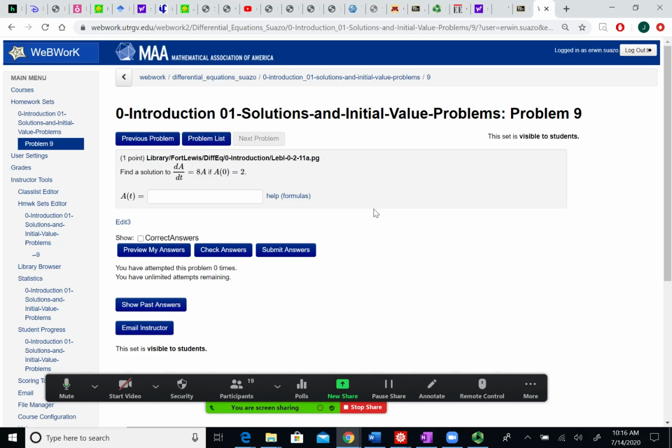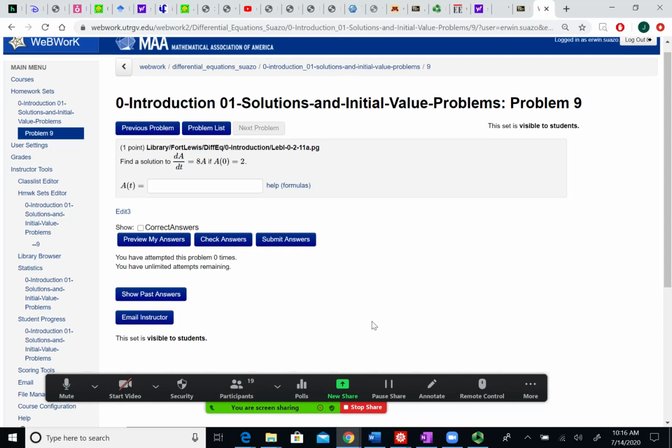So it's dA/dt = kA. Let's see if I can see. Oh, it logged me out. It looks like I cannot be on two different computers at the same time in WebWork. It's kicking me out.